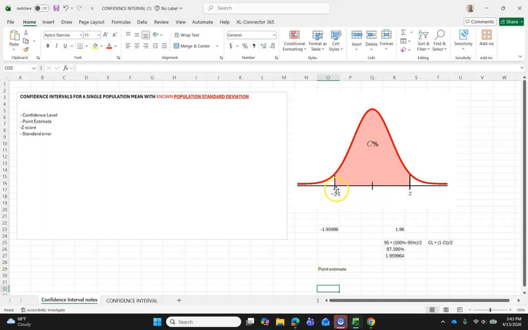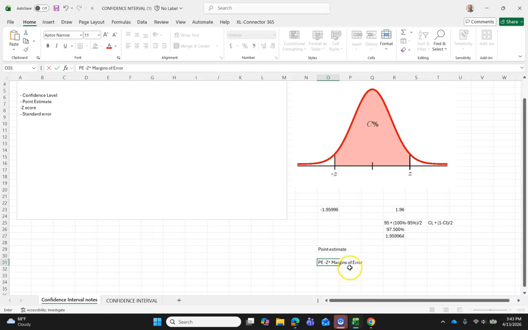So to get this area, we're going to use the point estimate minus z times margins of error. So we need to know what the margin of error is. Sorry, z times standard error.